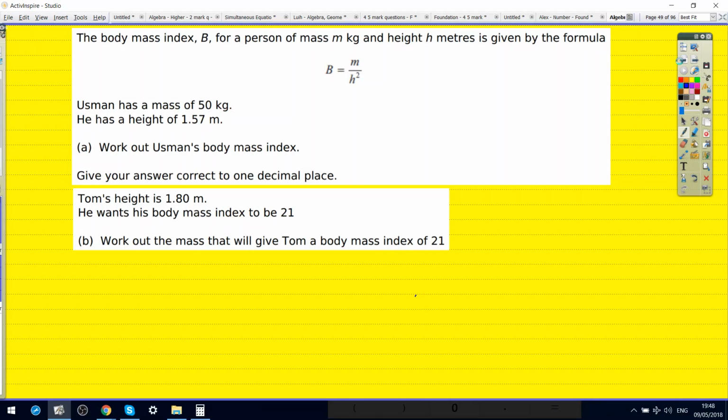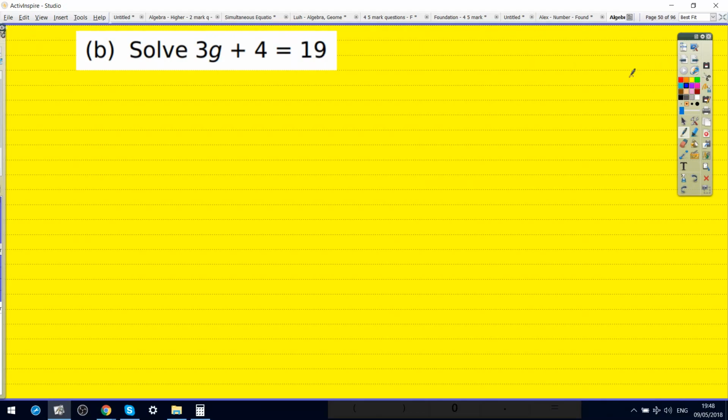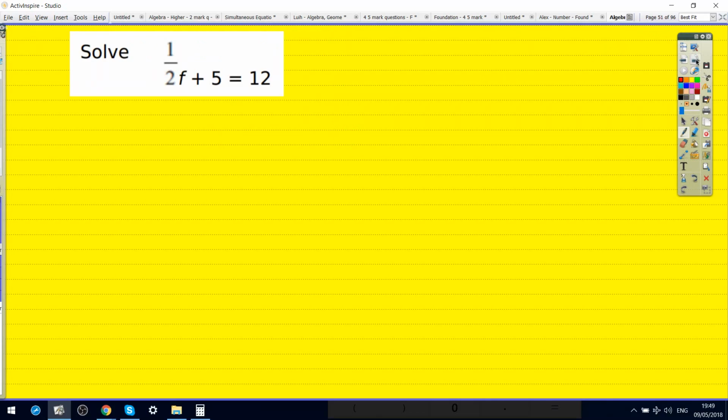One sec. Okay, how can we solve this? 19 minus 4. Divide the rest by 3. Yeah, fine. Minus both of them by 4 and divide both of them by 3.